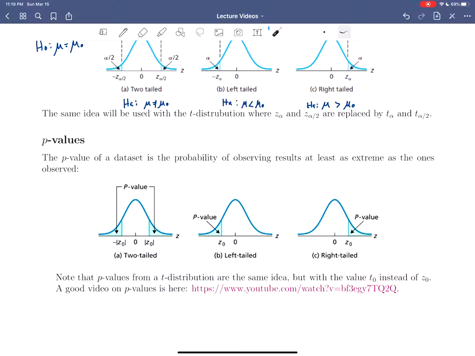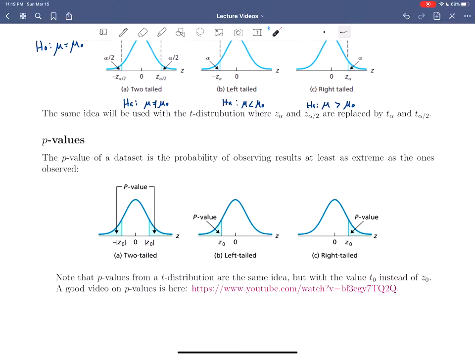P-values are a subtle and somewhat tricky thing. So I've included a link here with a good video, in my opinion, that explains the ideas behind the p-value. The idea behind a p-value is that you start with some observation, and what you do with that observation is compute what's called the test statistic.